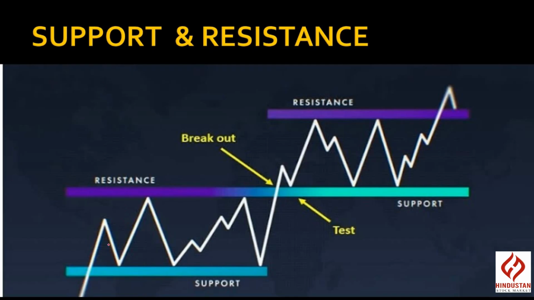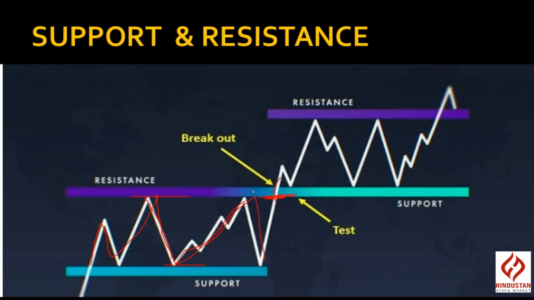Okay, let me explain that principle with the help of this chart. See, the stock price is moving like this, right? Whenever it comes near this particular level, it reverses, right? Again at this level it is bouncing back, right? Once, at this point, price breaks this resistance level.